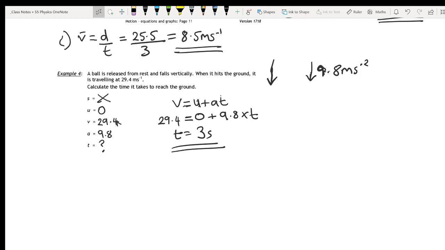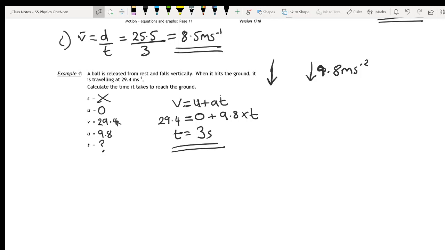So if you throw something upwards, then your acceleration you have to take as negative, the opposite direction to your upwards. So if something is being thrown upwards and you want to find what the speed is at the top, then your acceleration is going to have to be negative 9.8. So that's a little bit of an explanation on that.